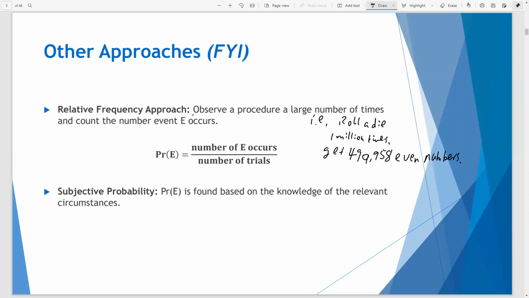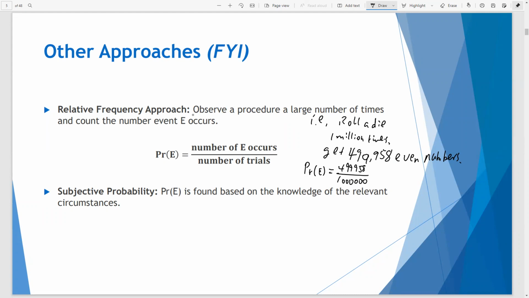Right, then the likelihood will be just 499,958 over 1 million.